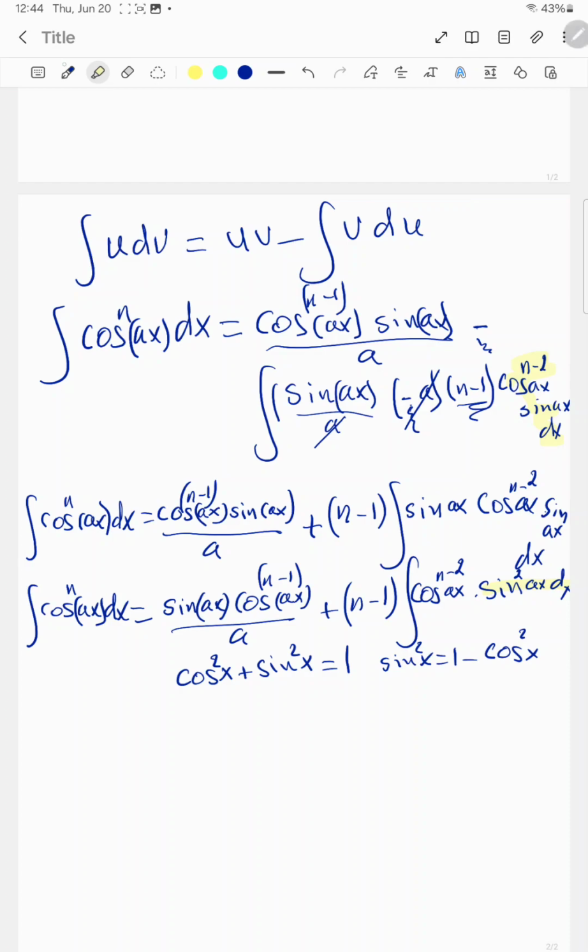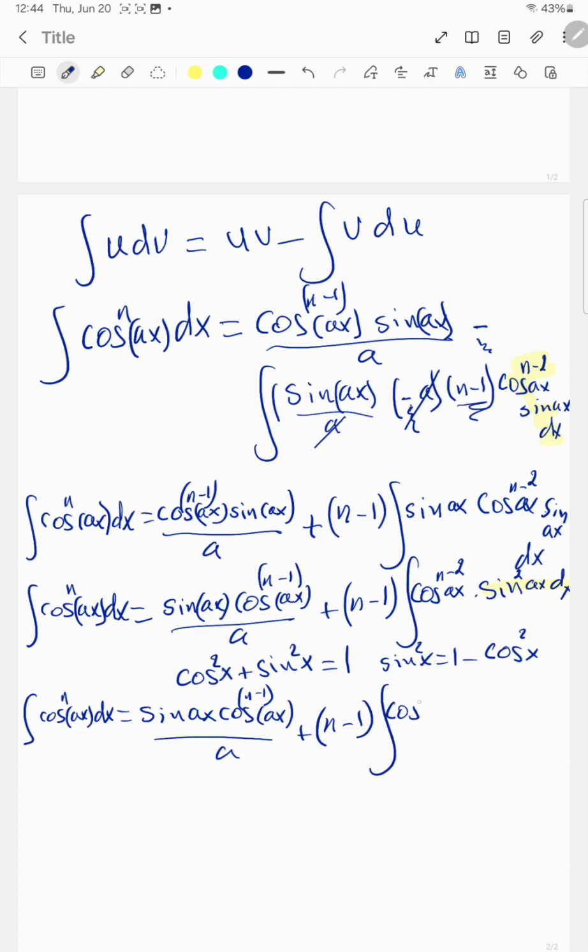So let's write it down. My integral of cosine to the power n of ax dx is equal to sine ax cosine n minus 1 ax divided by a plus n minus 1 integral of cosine n minus 2 ax, and instead of sine square of ax I can write 1 minus cosine square of ax, and all that times dx.